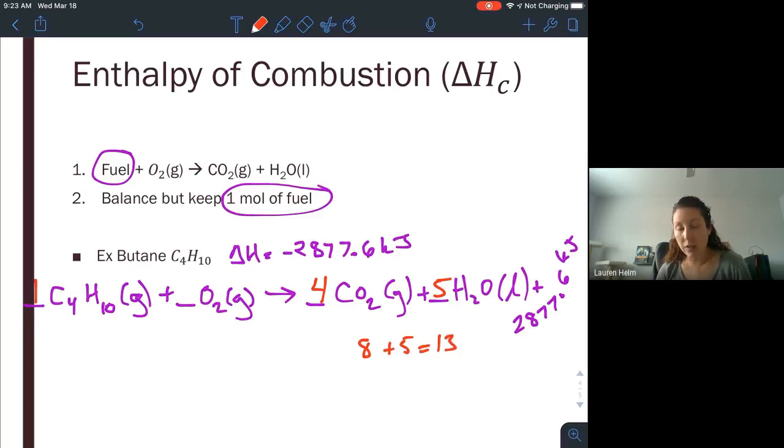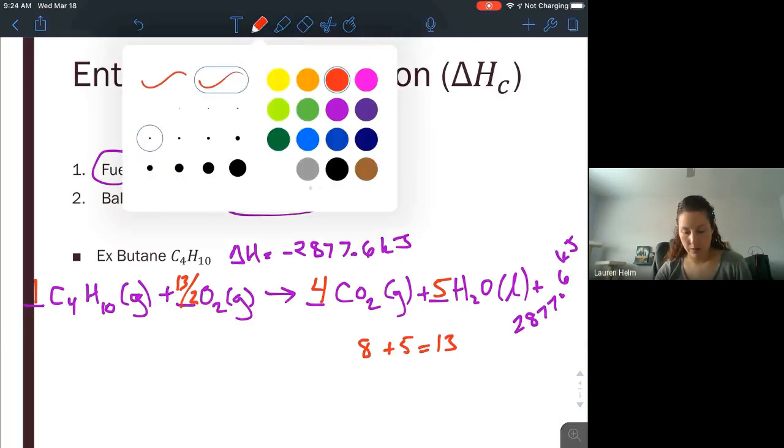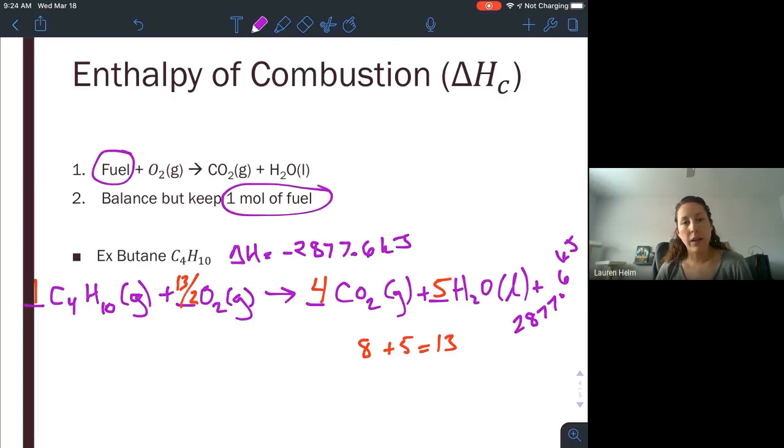I have 13 oxygens on this side, and I have 2 on the other side. So how do I balance this? 13 over 2. So that's how we write enthalpies of combustion. It's just remembering we have our basic formula, fuel plus oxygen yields CO2 and H2O, and we balance to have 1. Always leave oxygen for last when balancing.